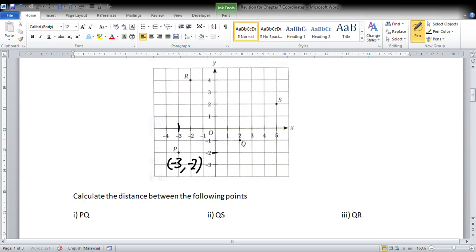Next will be Q. The coordinate for Q is 2 for x first, remember, and -1 for y. Then R is -2 and 4. And the last one, S, will be 5, 2.